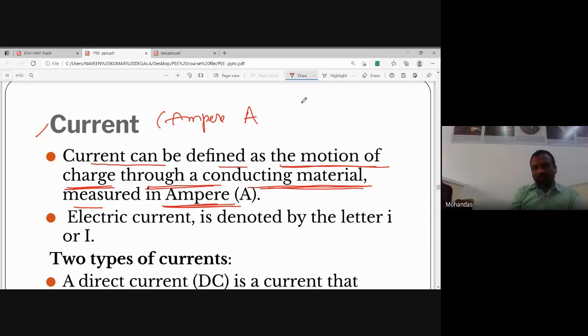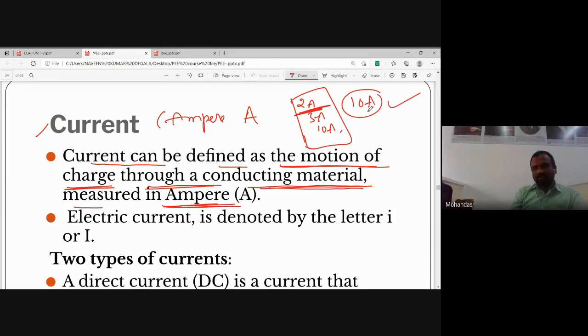Like if you take a practical situation, 2 ampere of current, 3 ampere of current, 10 ampere of current. So these are some examples. If you buy any electric device in a market, you can see a current rating. Suppose you take a fan, you can see the current rating of the fan is 10 amperes.